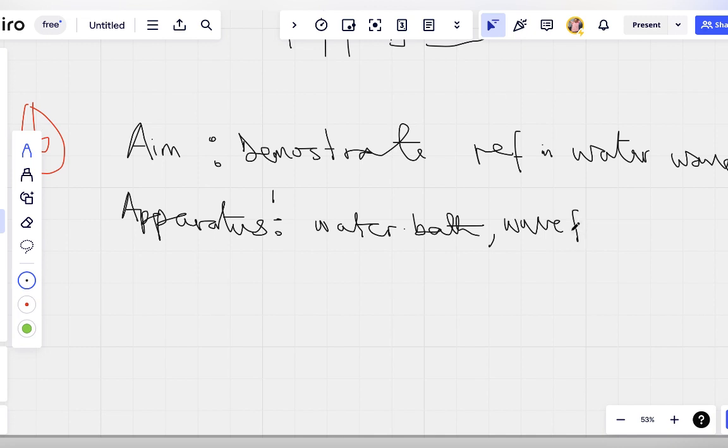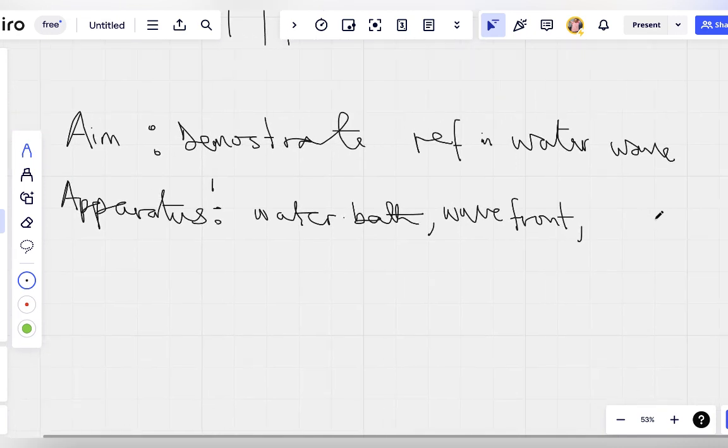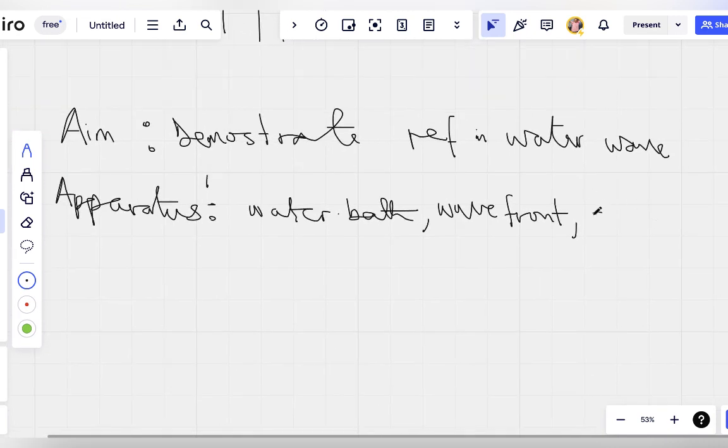You need a straight barrier without a gap, something that can provide reflection. So in this case, we will not be talking about diffraction.